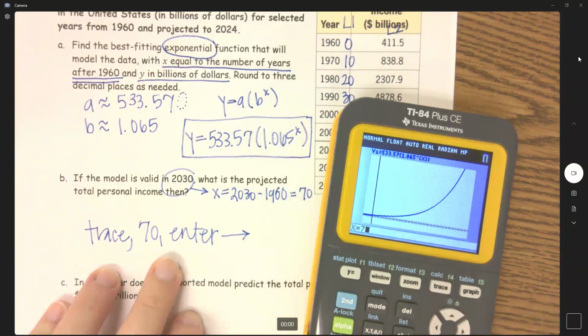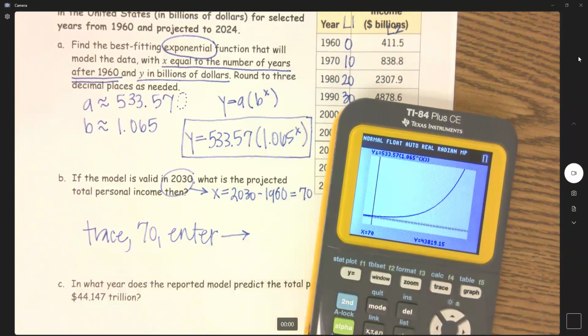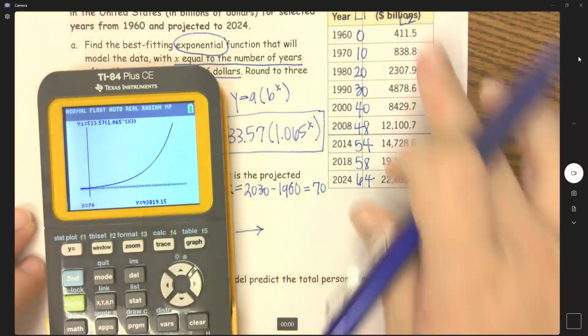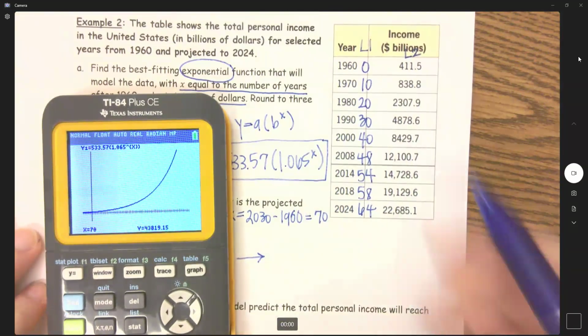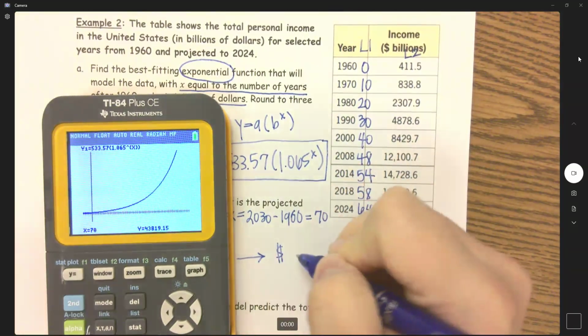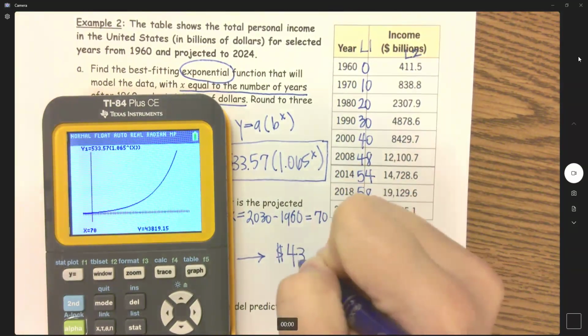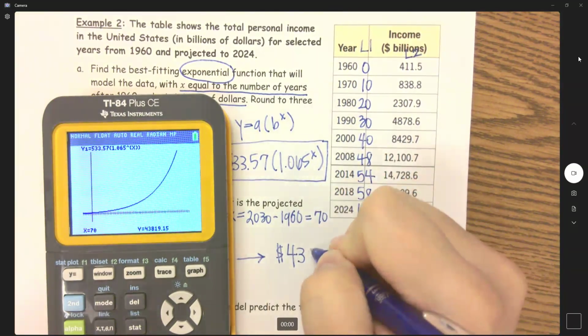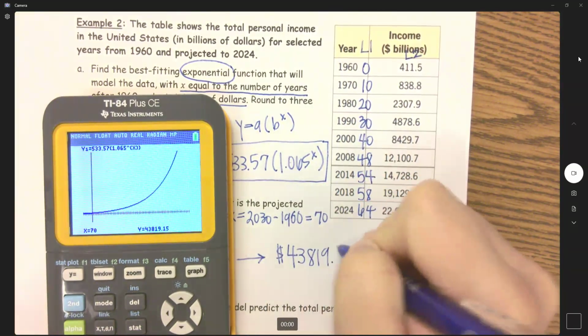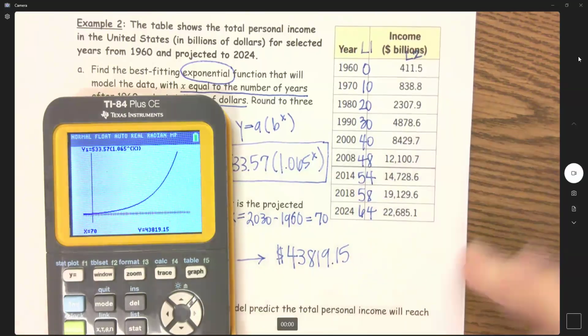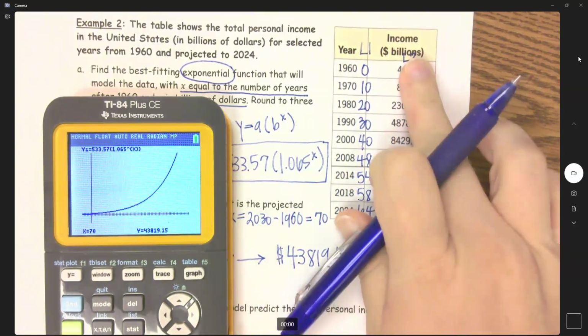So trace 70, enter. And here is my answer right here. My Y is in monies. So we have 43,819.5 or 0.15, and this is in billions.